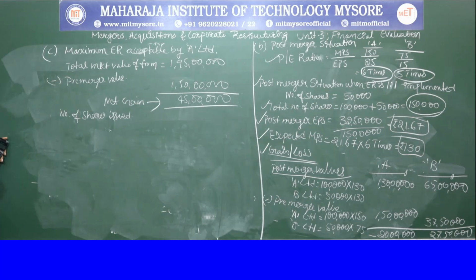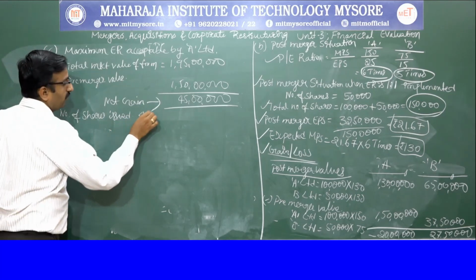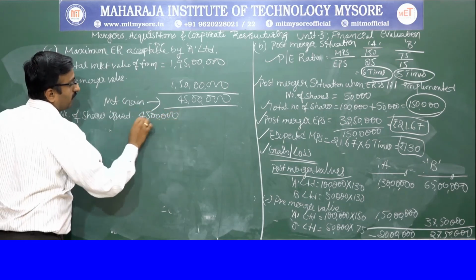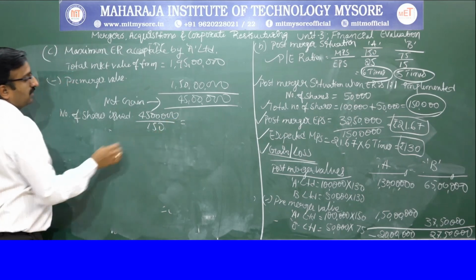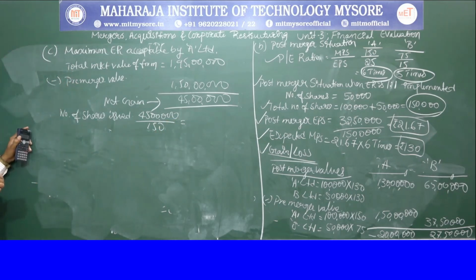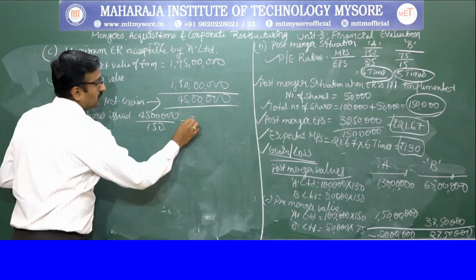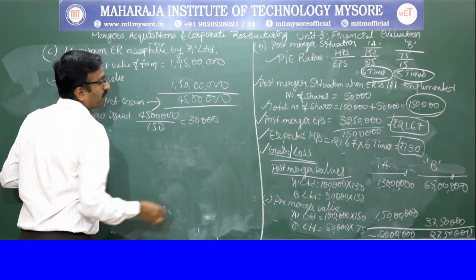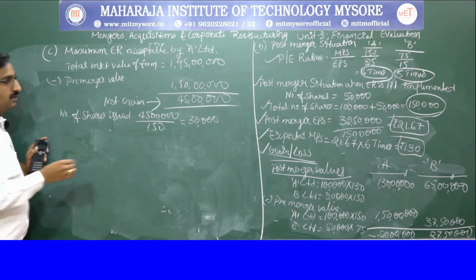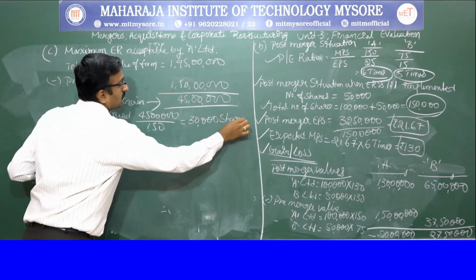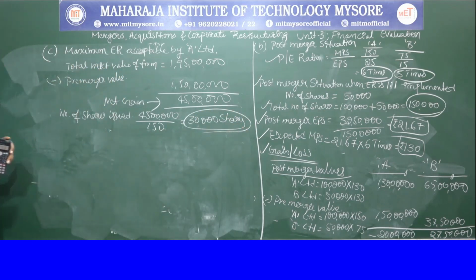It is 45 lakh divided by the MPS of the buyer company. So, 45 lakh divided by 150, the buyer company MPS. How much you will get? You will get 30,000 shares.